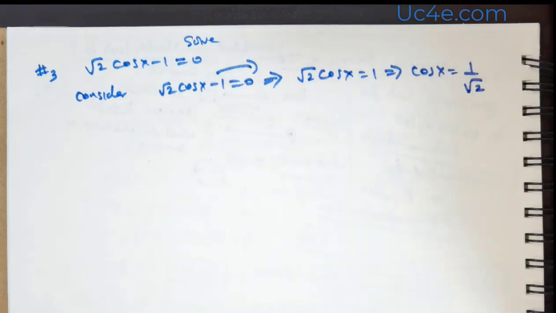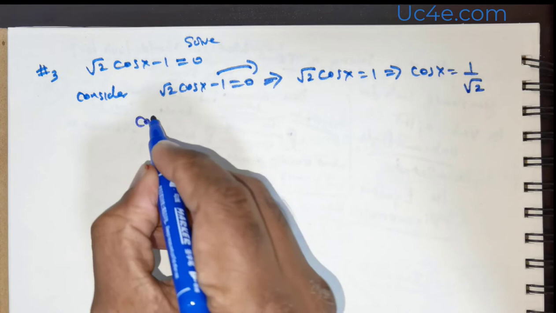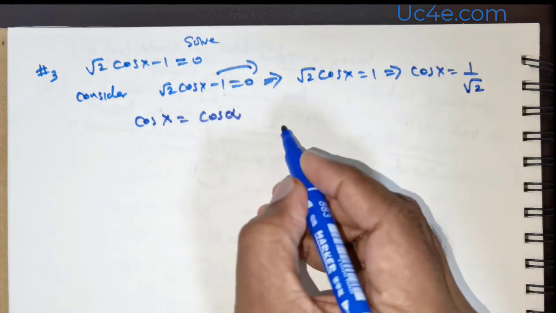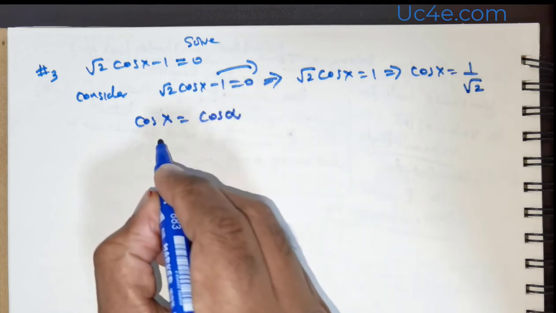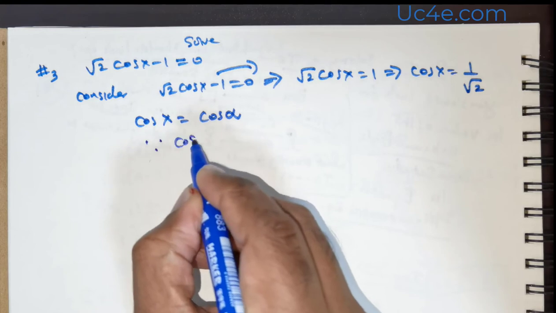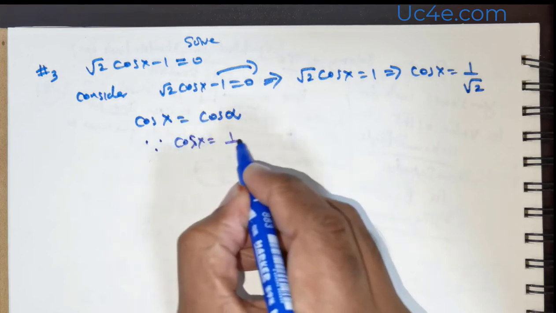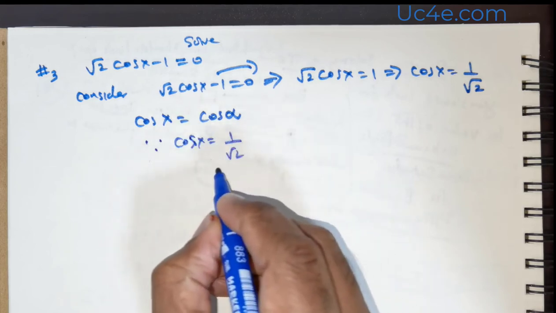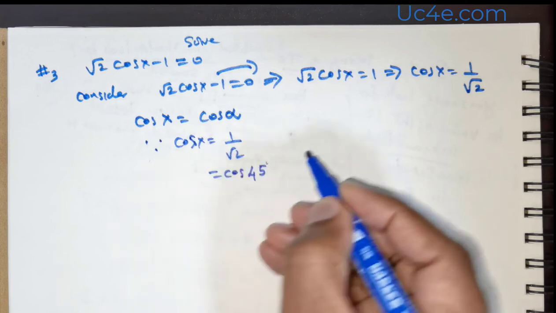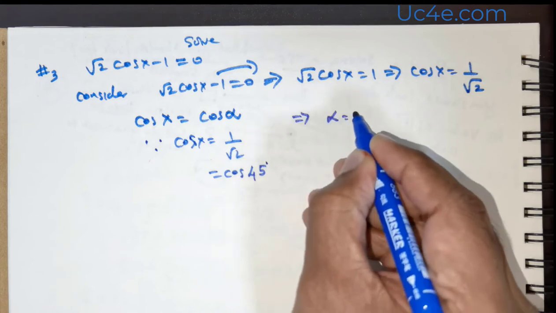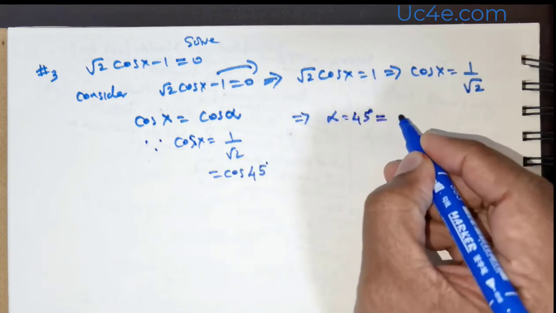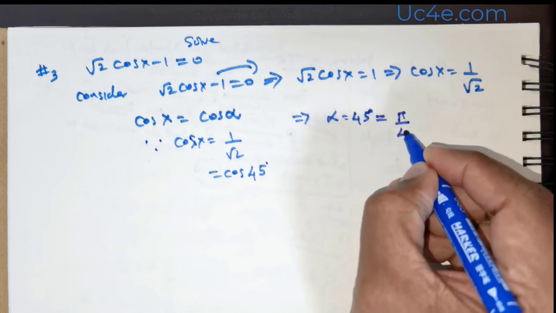So cos x is positive. So I can write cos x as cos alpha, which is possible because cos x is equal to 1 over root 2, which is nothing but cos 45 degrees. So this would mean alpha is equal to 45 degrees, which can also be rewritten as pi divided by 4.